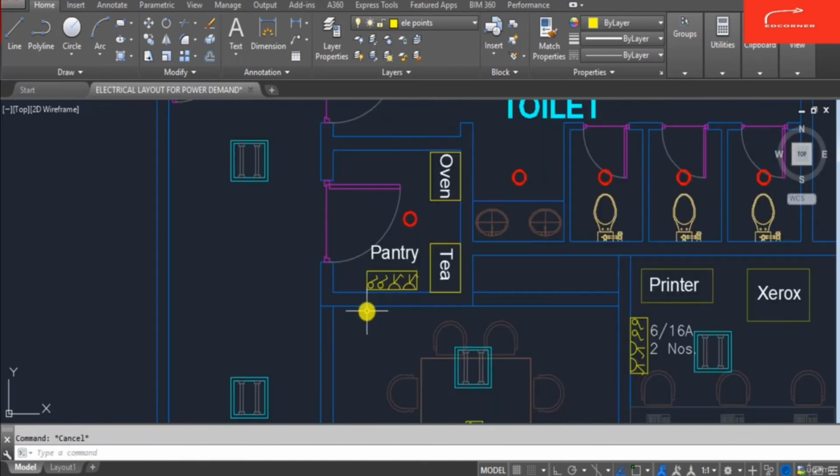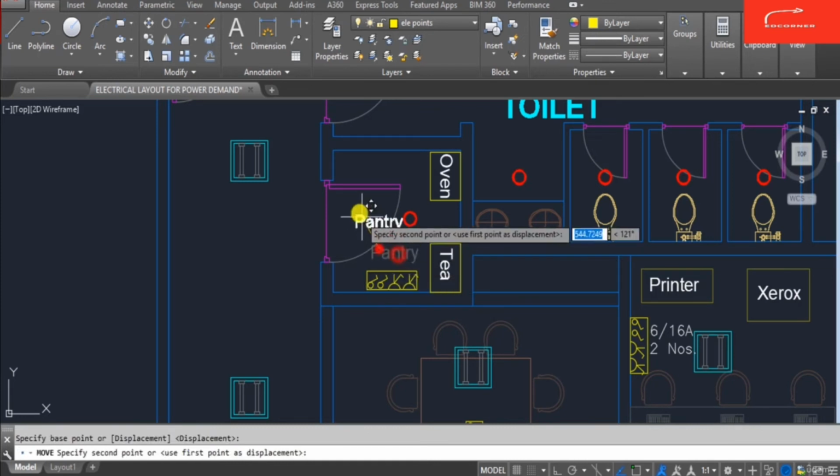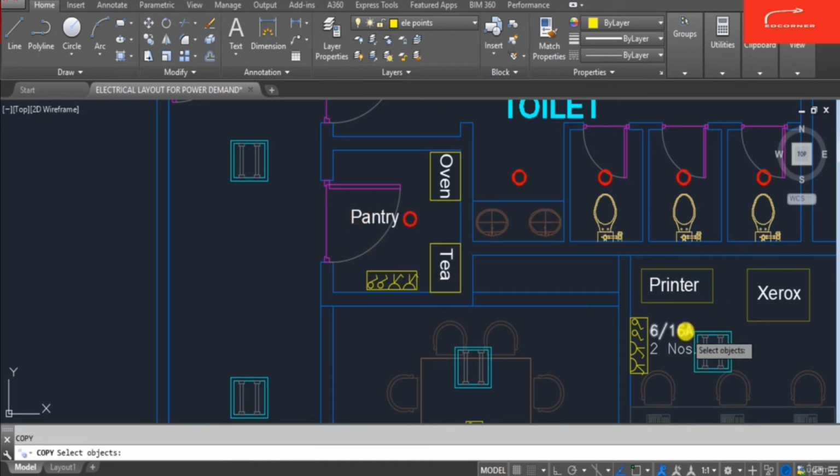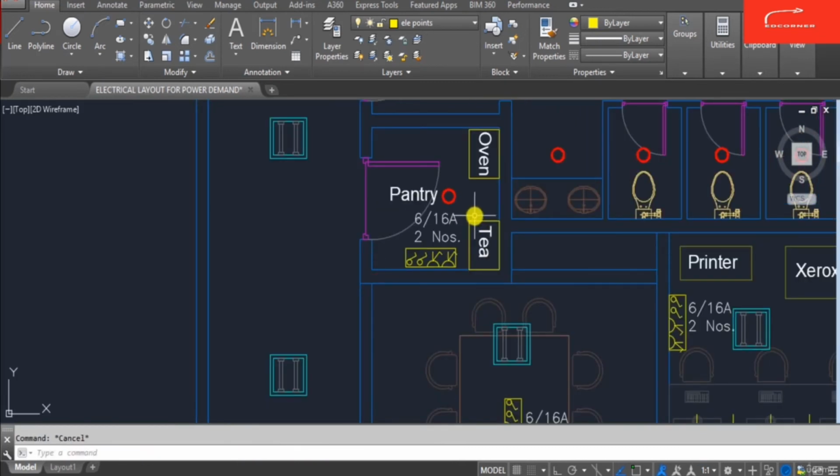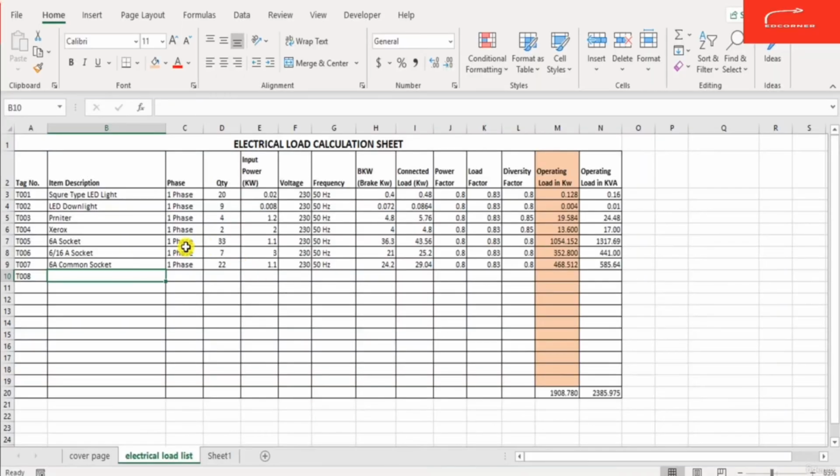Switch socket like this. This is the 6x16 switch socket for the pantry area. 6x16, two numbers, one for the oven and one for the tea. So this is the requirement of 6x16, two numbers switch socket. I will mention in my electrical load calculation sheet the 6x16 socket for oven.